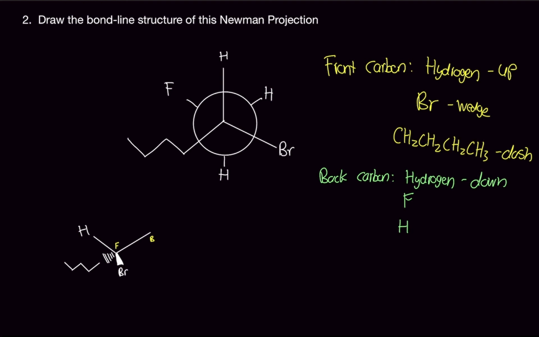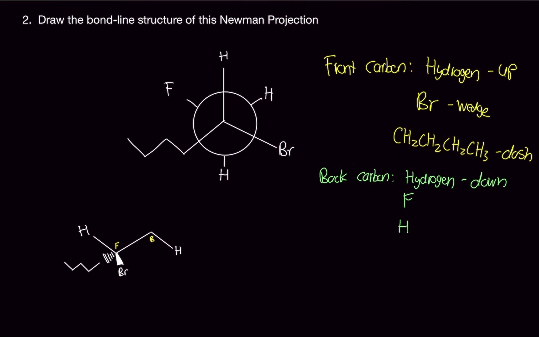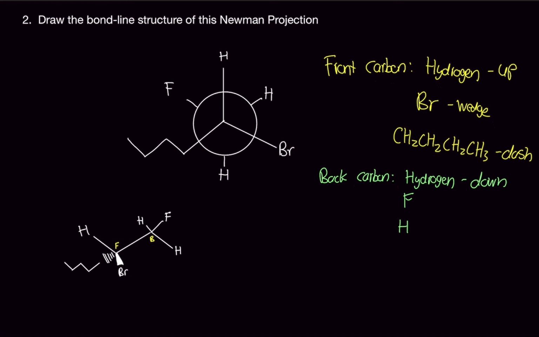And then we do the back carbon stuff. The hydrogen's pointing down, so we go down from here. Hydrogen. Now we have the fluorine and the hydrogen. Remember, there's no wedges or dashes, so all you have to do is draw the fluorine here. If you want, you can draw the hydrogen. You don't have to. But that would be the answer. This is how you would draw the bond line structure of this Newman projection.